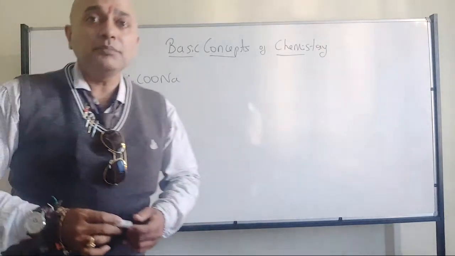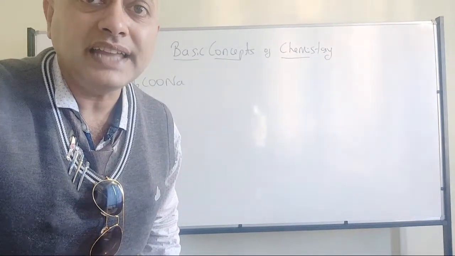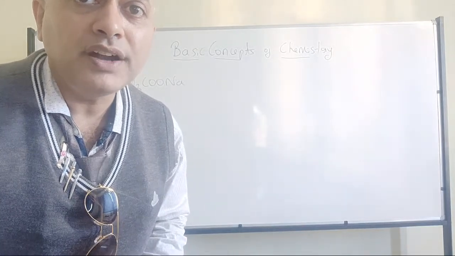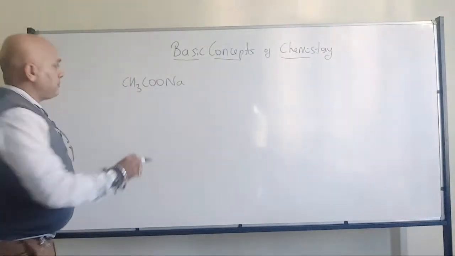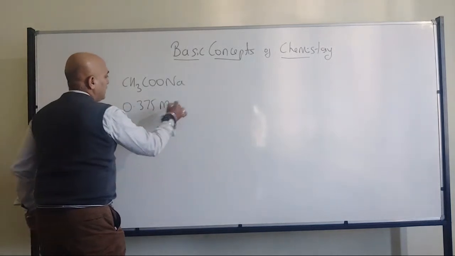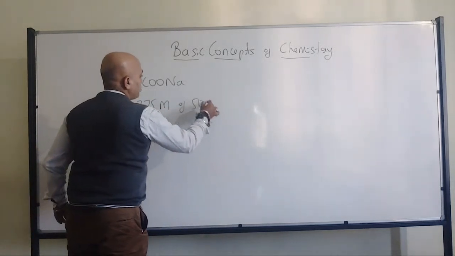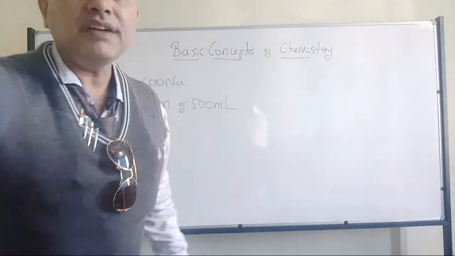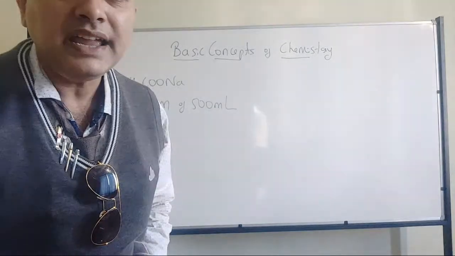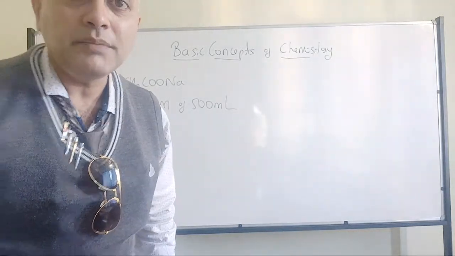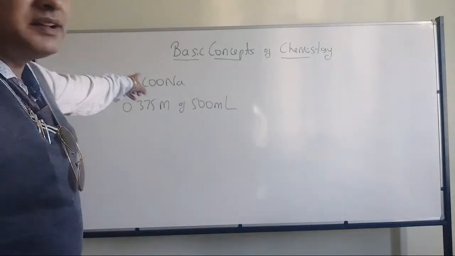Anyway, we don't want this structure. Required to make 500 ml of 0.375 molar. If they had not given the molar mass, then the formula would have been required. Now they have given the mass.